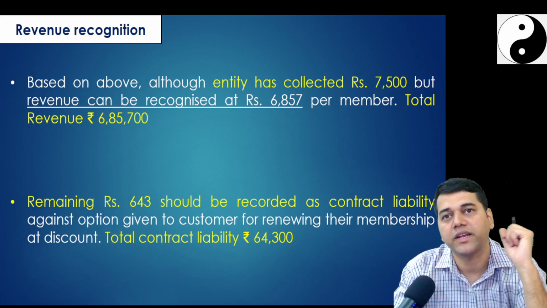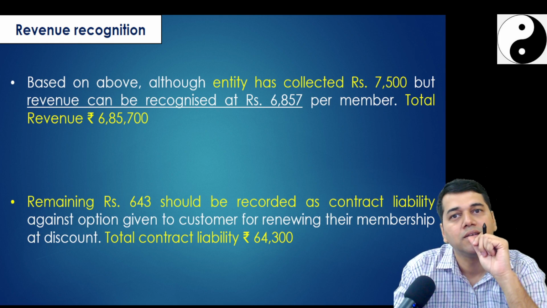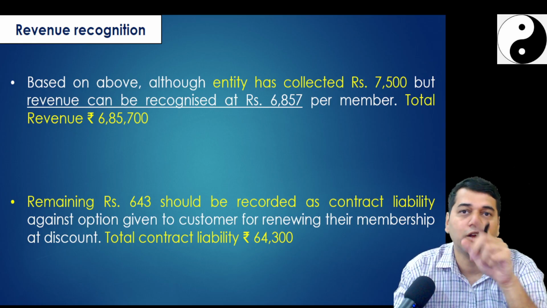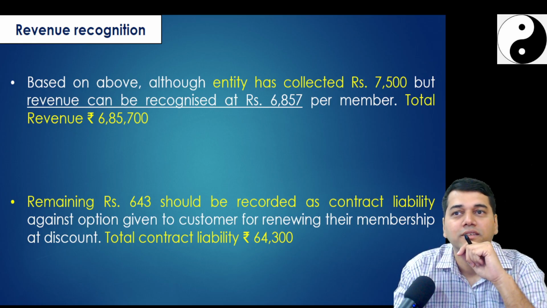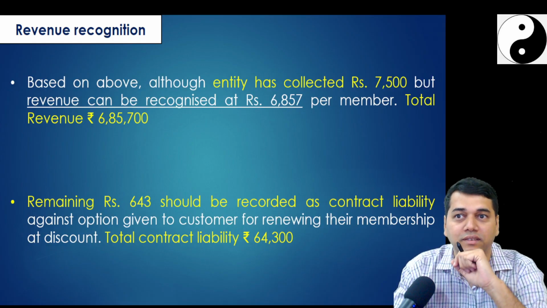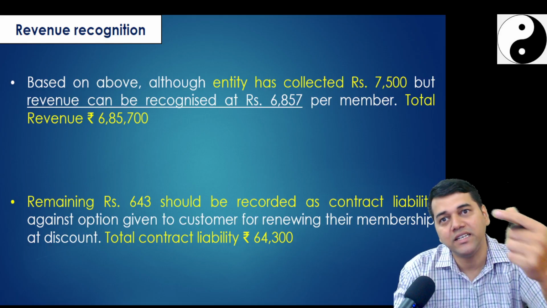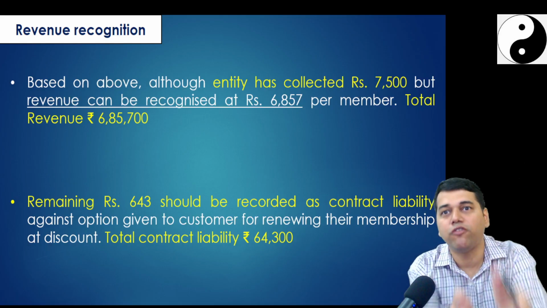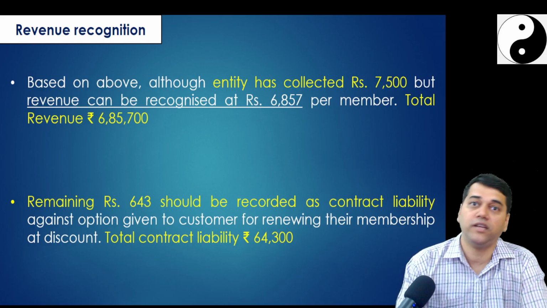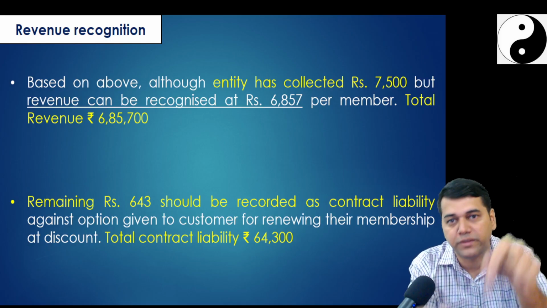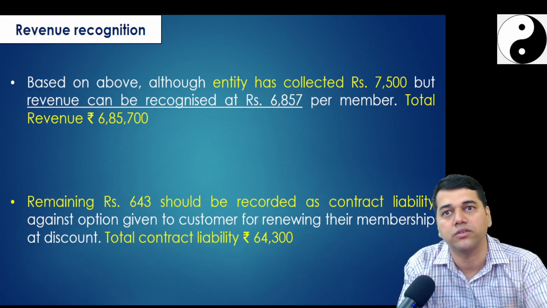How much I will pay second year? 6,000. I'll pay 6,000. How much revenue you will recognize? 6,857. That 857 is something you have kept ready for me, because you cannot say no. Second year, no, Baba, that was last year. The moment I shut down, you have to pay 7,500. I will go to the court.